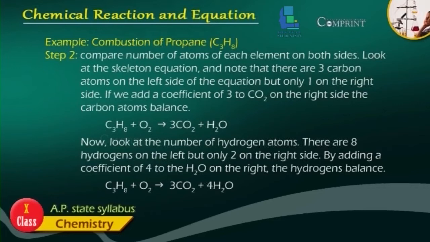Now, look at the number of hydrogen atoms. There are 8 hydrogens on the left but only 2 on the right side. By adding a coefficient of 4 to the H2O on the right, the hydrogens balance: C3H8 + O2 gives 3CO2 + 4H2O.